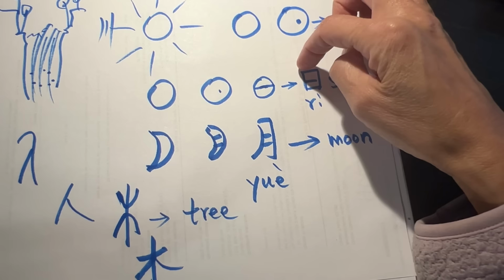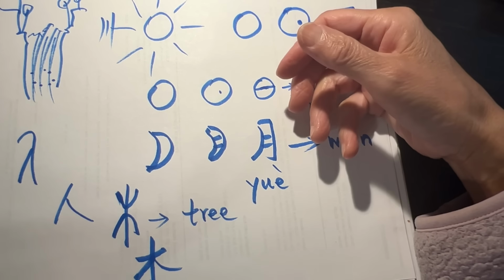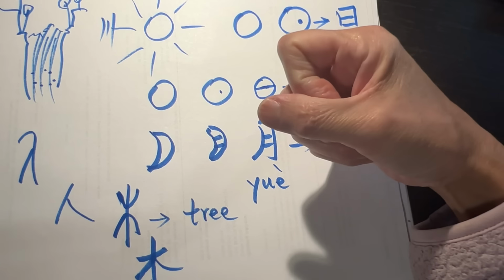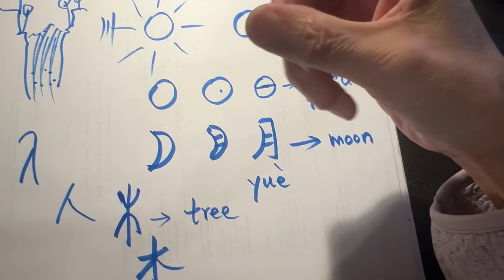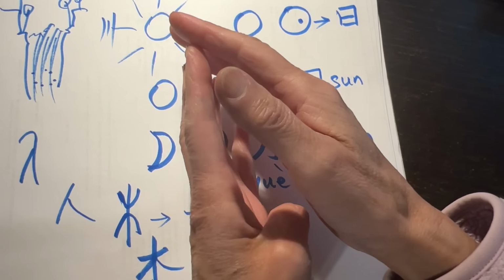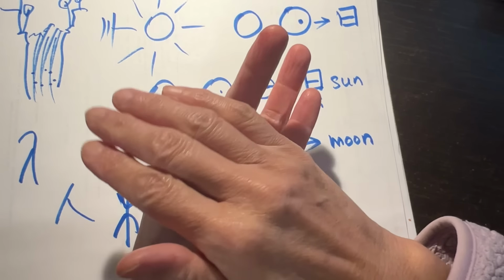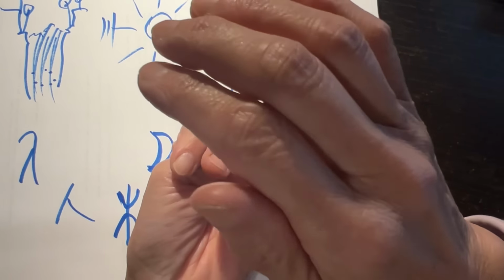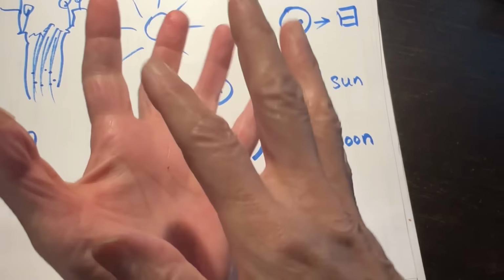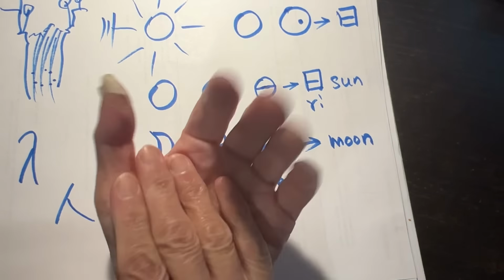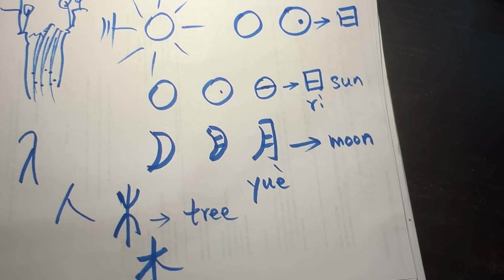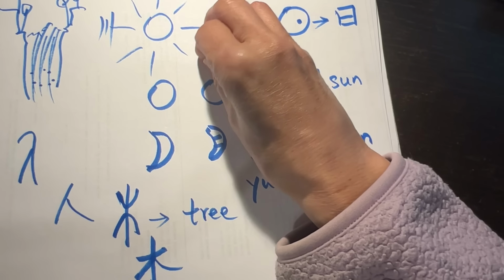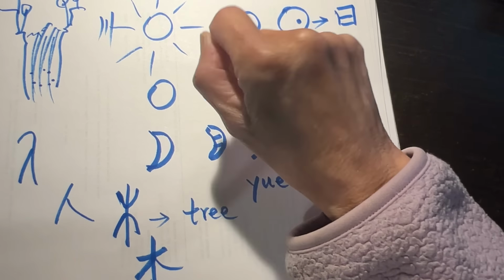The pure image based characters are only a very small percentage of Chinese writing. And later on there are different kinds of combination, permutation, different kinds of ways of combining the words. Maybe we will talk about this later. But the truth is that Chinese is not a phonetic-based language.